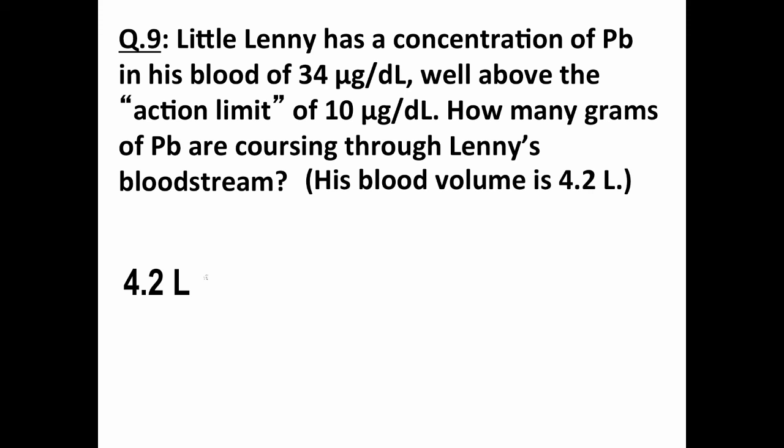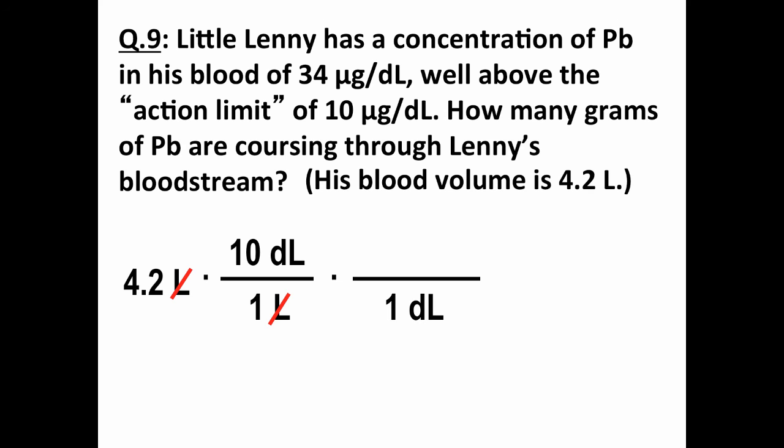So what we're going to need to do is convert from liters of blood into deciliters of blood. And the reason we're doing that is because we have a concentration in micrograms of lead per deciliter of blood. So we'll convert from liters to deciliters, and then we'll convert from deciliters of blood to micrograms of lead. So that funny little M-looking thing is actually a mu, stands for micrograms.